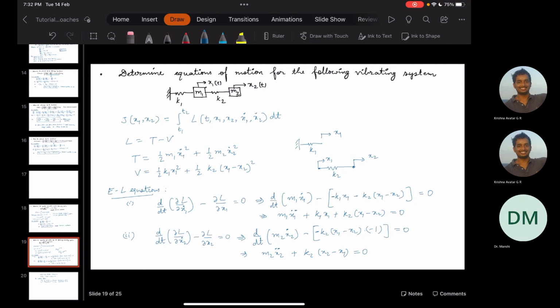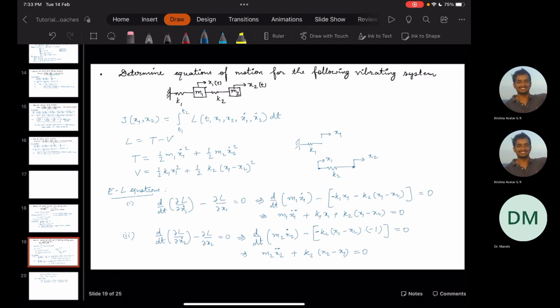So the net elongation is given by x2 minus x1, or x1 minus x2, whatever, but it should be positive, since energy doesn't care about x1 minus x2 or x2 minus x1. So the net extension, so to speak, is x1 minus x2. And so the strain energy stored in the spring k2 is half k2 (x1 minus x2) squared.